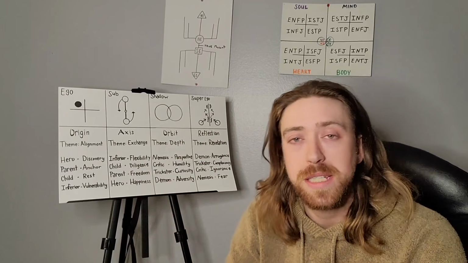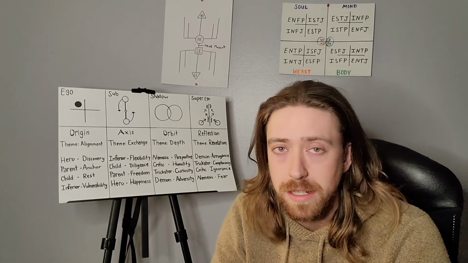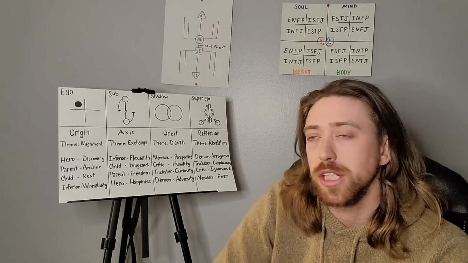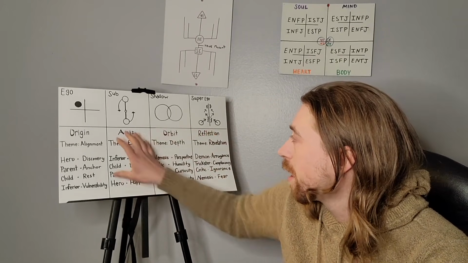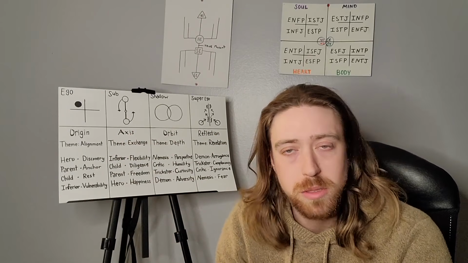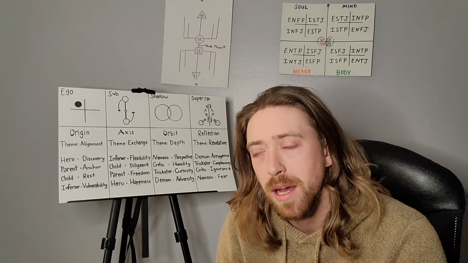That still doesn't mean that you're spending more time in that side than your ego. It just means that is your brain's gut reaction to any problems or challenges it may be encountering.